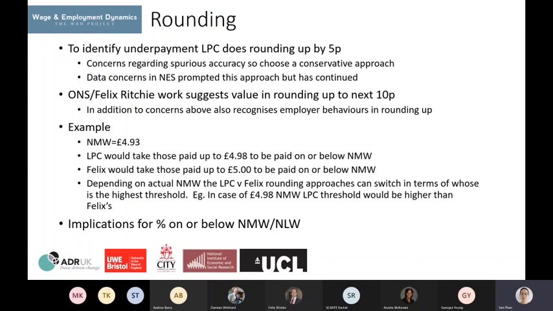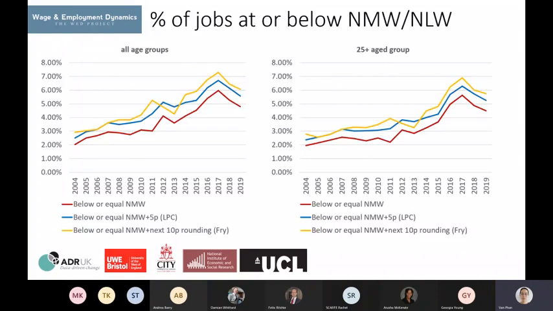So here is the graph that illustrates the two methods of rounding. If you look at the graph, the red line is all the jobs below or equal to the minimum wage, and the blue line is the jobs at or below the minimum wage plus 5p.